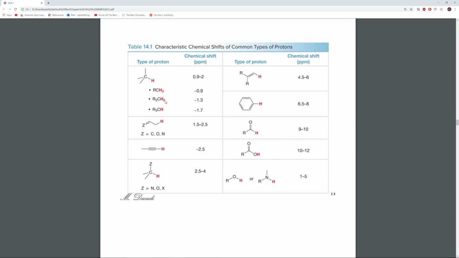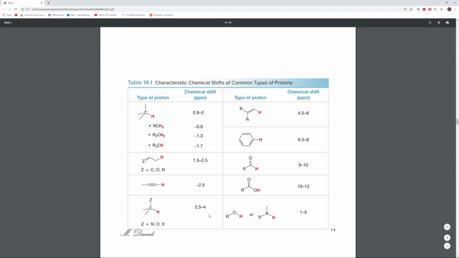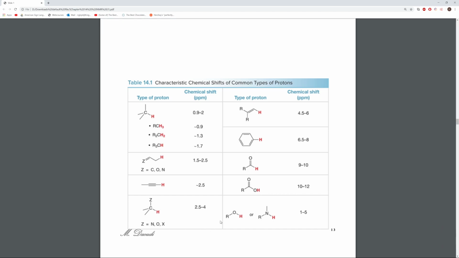And then the secondary is the next most shielded, and the tertiary is the next most shielded. So the more alkyl groups that you have, the less shielded that hydrogen is going to be. Okay? Does that make sense? Of course, you don't have to memorize these numbers. You'll get a better feel for them if you understand the logic behind them.